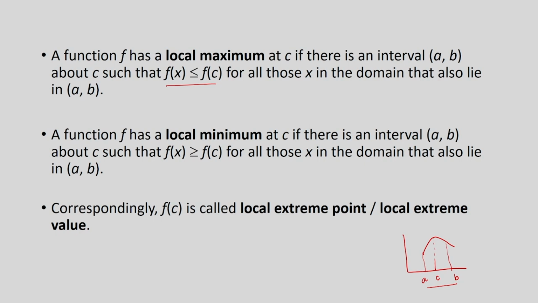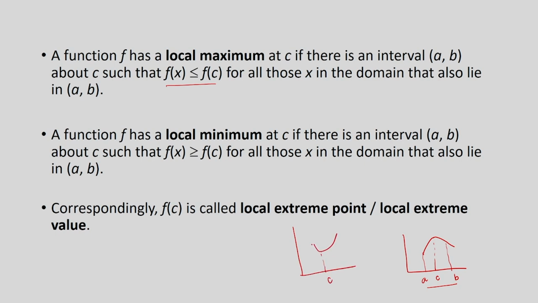And similarly, for the minimum, a function f has a local minimum at C if there is an interval a to b about C such that f of x is greater than or equal to f of C for all those x in the domain that also lie in a to b. So, this is just the opposite of the previous case.